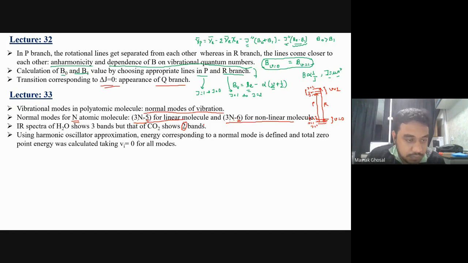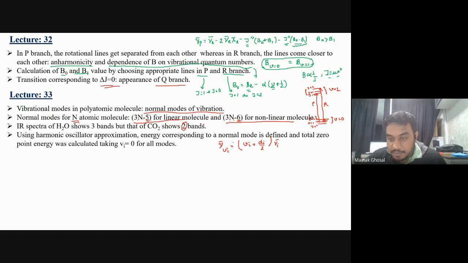Then, using the harmonic oscillator approximation, the energy corresponding to a normal mode is defined by this formula: nu bar for a normal mode i is (Vi plus the degeneracy of the ith level divided by 2) into nu i bar. If you put Vi equals 0, you can calculate the total zero point energy of all modes.